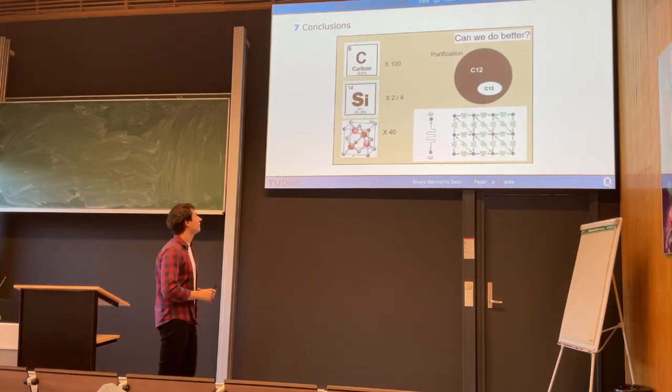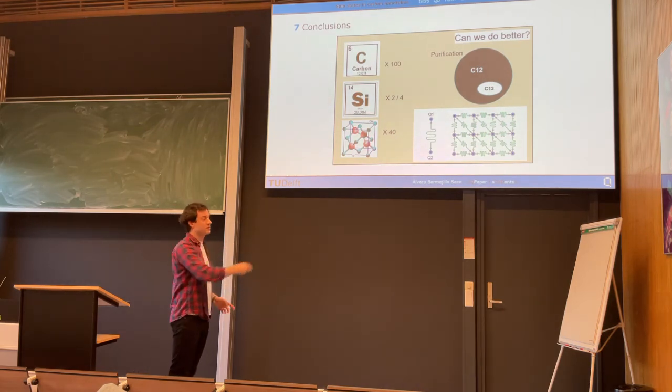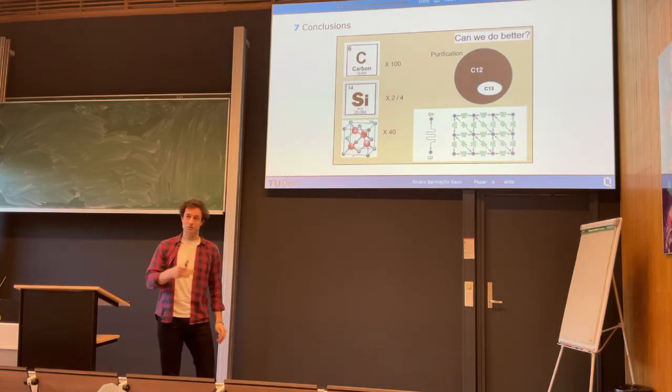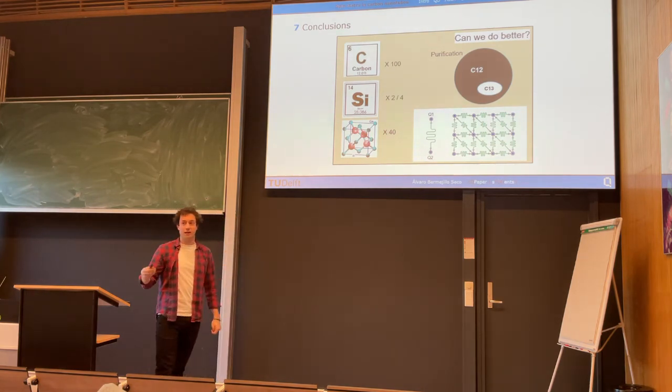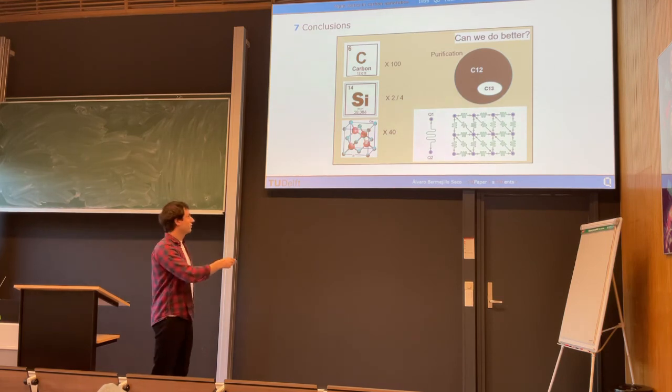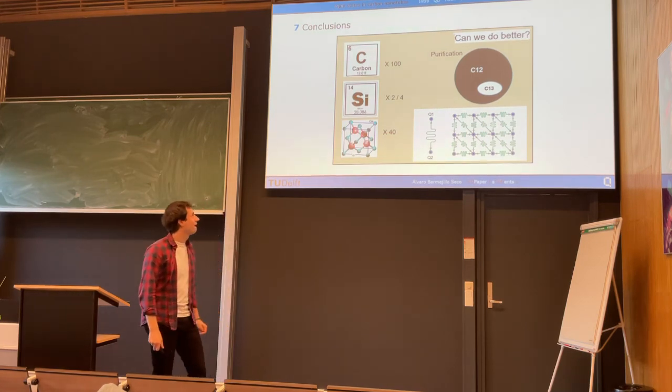But okay, apart from this, they have gone 100% times better than the last work on carbon nanotubes, 2 to 4 times better than the last one done in silicon, 40 times better than the one done in gallium arsenide. So this sounds good, right?